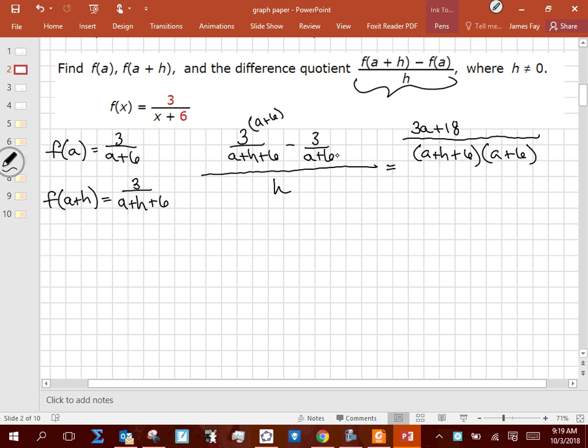What do I need to multiply this fraction by to get that common denominator? Okay. So now it's negative 3 times a. It's negative 3 times h. And it's negative 3 times 6. Is that all right, everybody? And that's all over h. Take that and come down here.